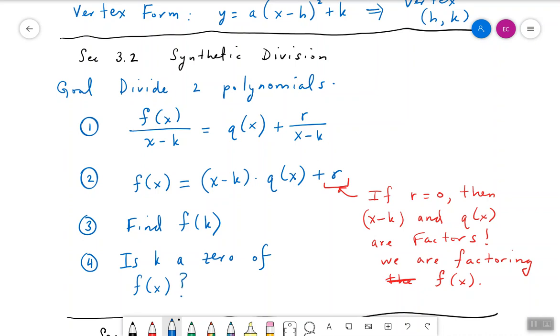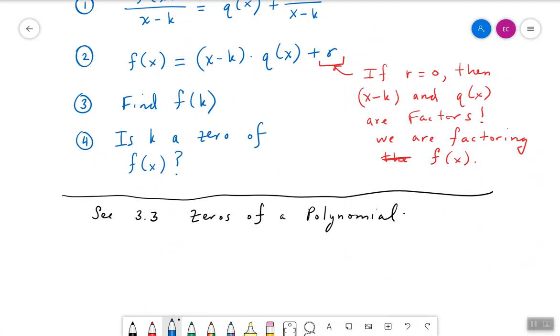And so k is a zero means that k is a zero means x minus k is a factor means f of k is equal to 0.